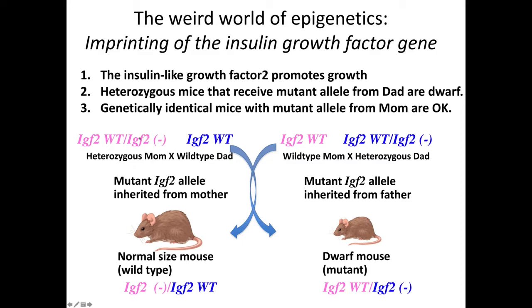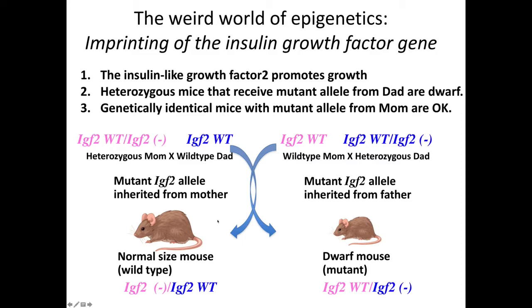Here I'll walk through this. We have IGF2 wild type, IGF2 mutant, pink showing the genotype of mom, crossed with IGF2 wild type over IGF2 wild type. What we've done here is generate IGF2 mutant over IGF2 wild type. This individual is a heterozygote, and it's a normal sized mouse.